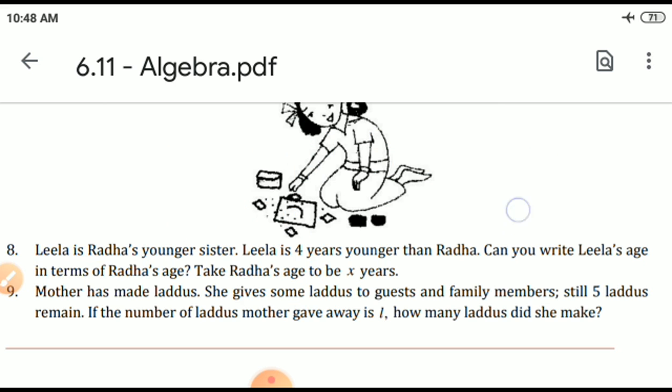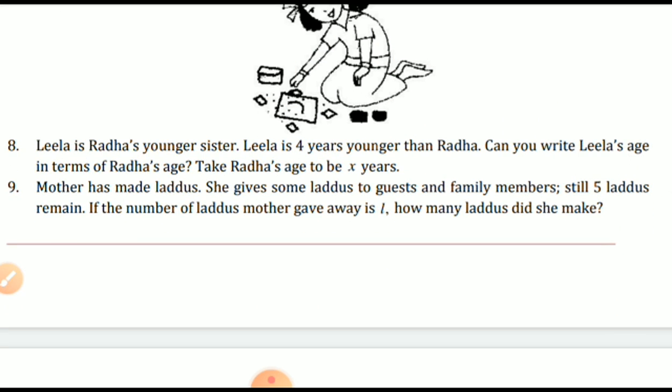Now look at question number 8. Leela is Radha's younger sister. Leela is 4 years younger than Radha. Can you write Leela's age in terms of Radha's age? Take Radha's age to be x years.